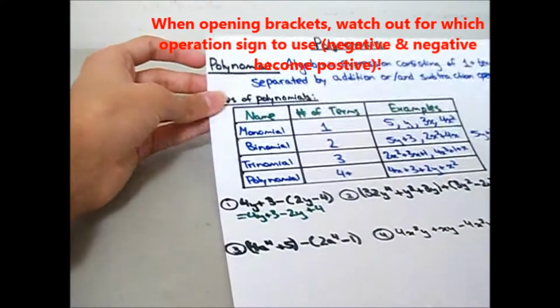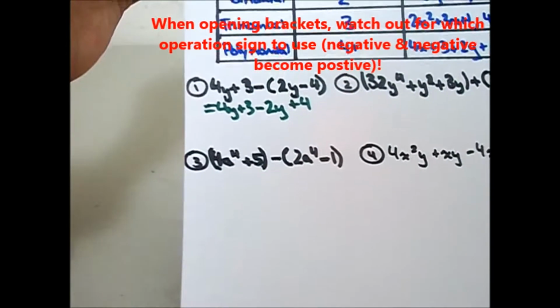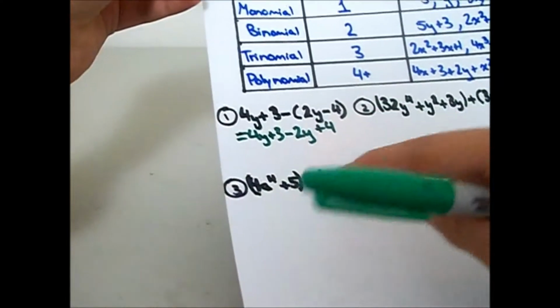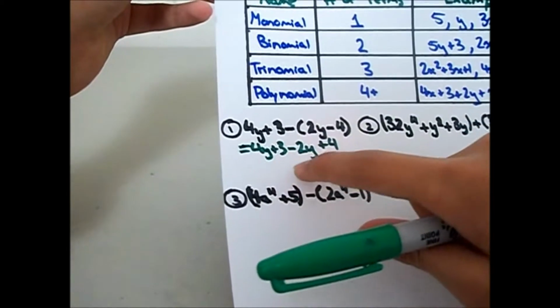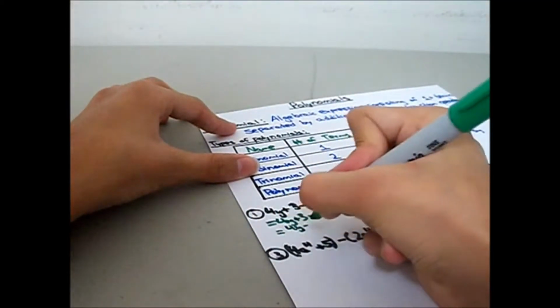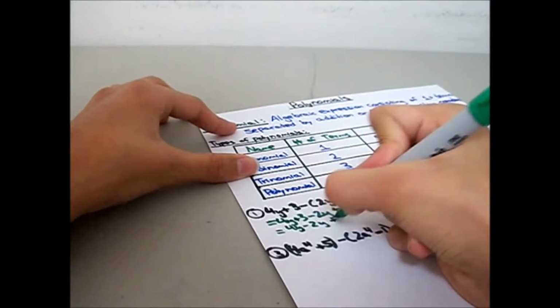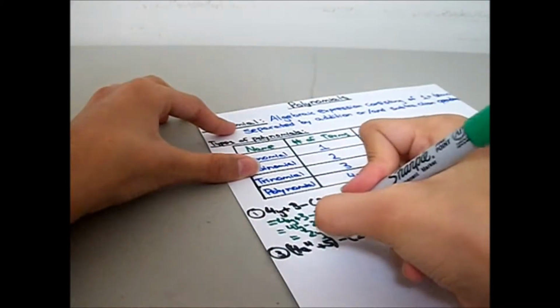That's a common mistake most students make. So now we have 4y plus 3 minus 2y plus 4. So we'll just pair up the like terms, 4y minus 2y and plus 3 plus 4. And when we simplify, we should get 2y plus 7.